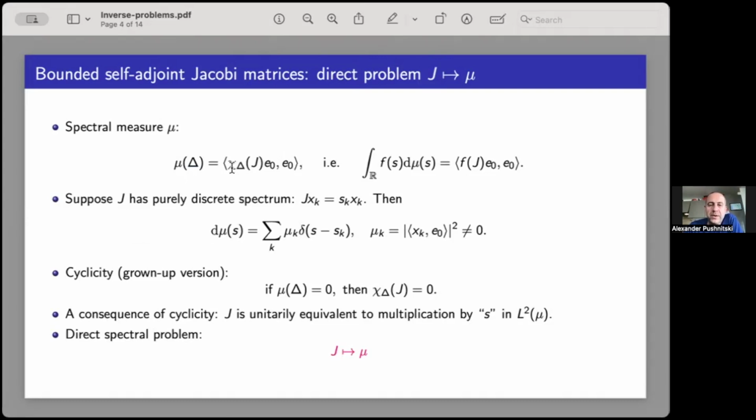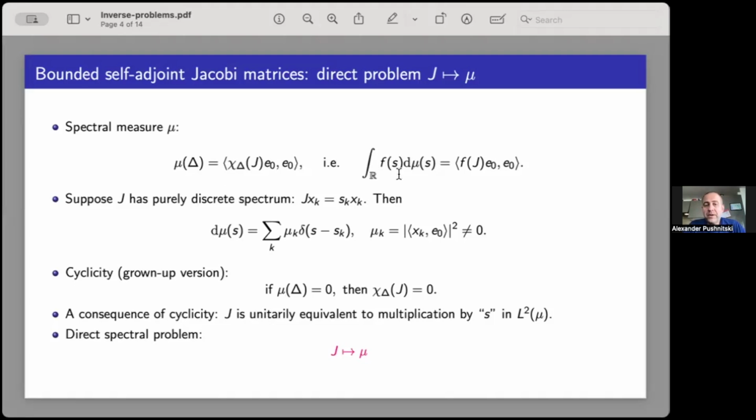So you take the characteristic function of an interval, apply this function to J and take the inner product, consider the quadratic form of E naught. So these angular brackets in my notation, this is just the standard inner product in my little L2 space. And so this defines a measure, and we call it the spectral measure.